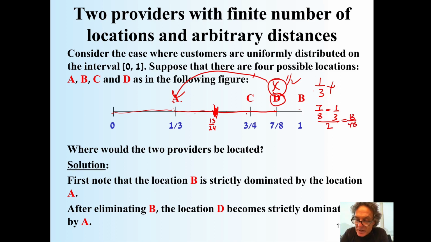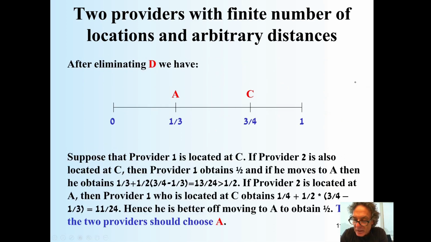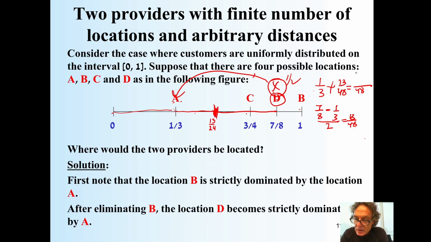Plus I'm getting 1/3. So this is 48, I have 16 plus 13, 29. 29/48 is more than half. Again, I should go to A.